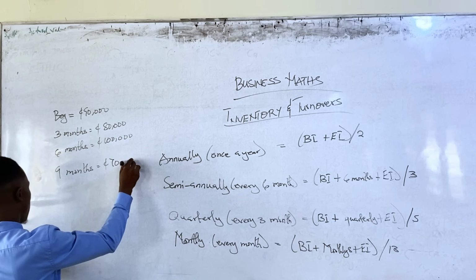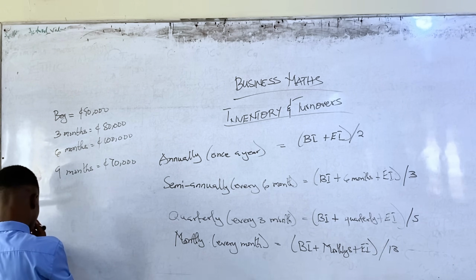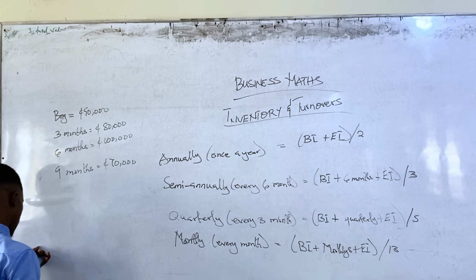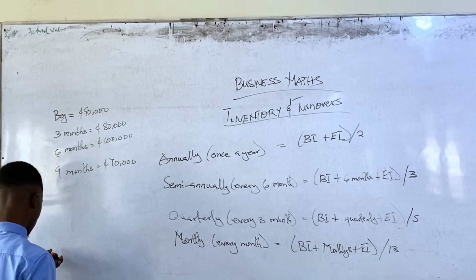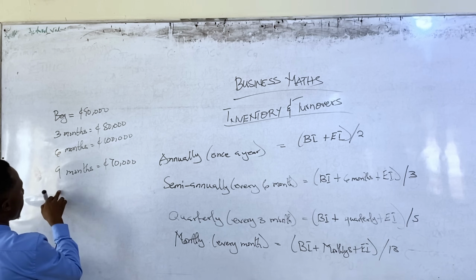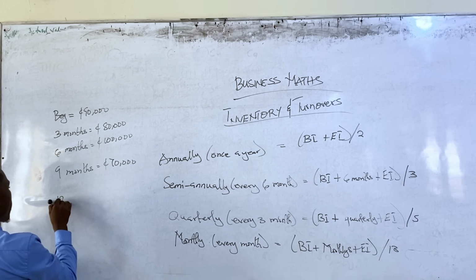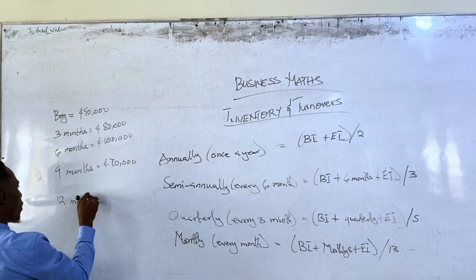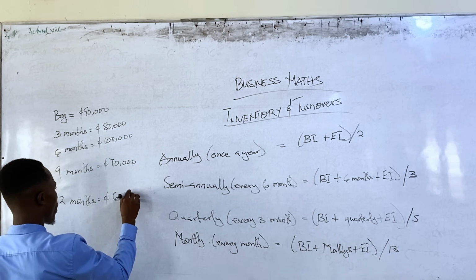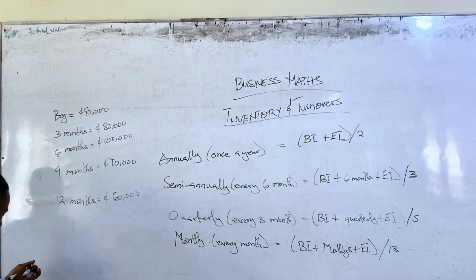So we have 70,000. And end of month 12, which is the ending, they said the ending month, right? So that is what? 60,000. So 12 months, that is what? 60,000. Okay.